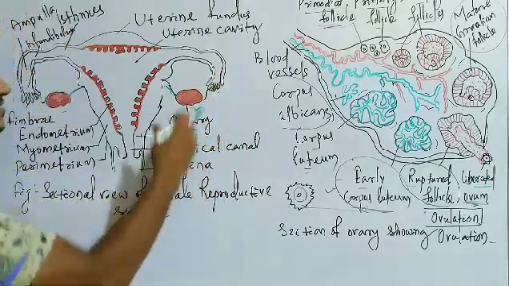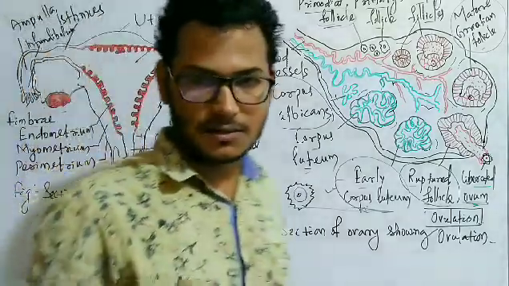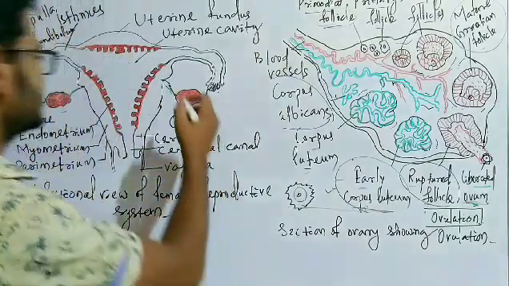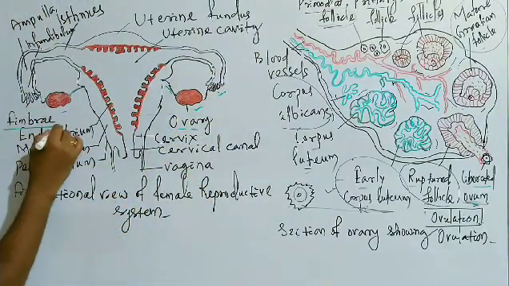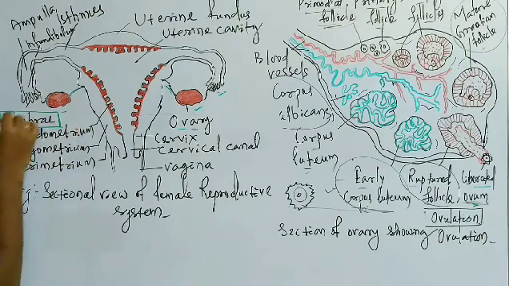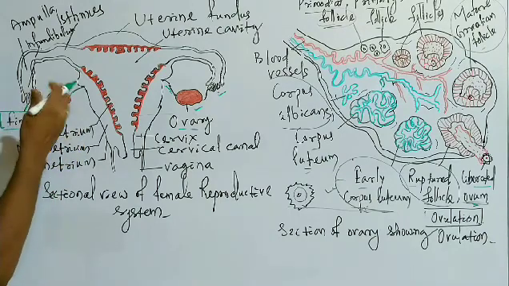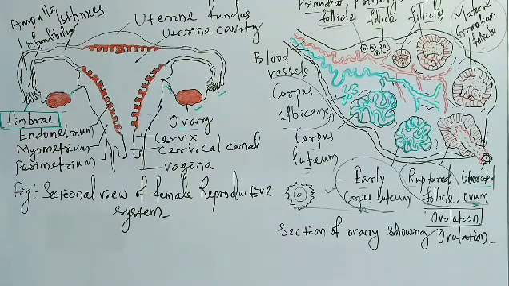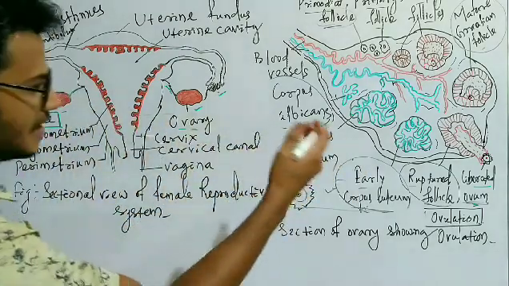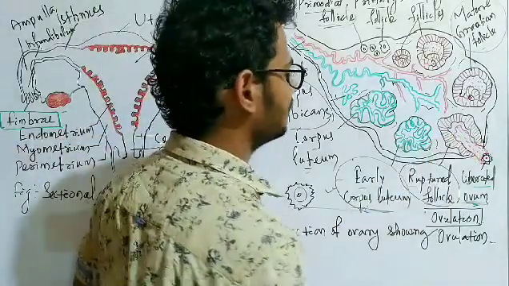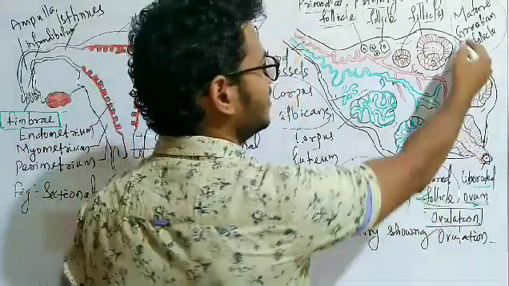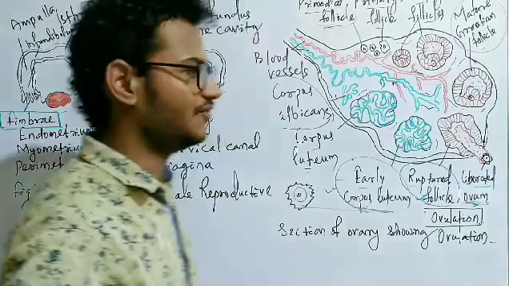These finger-like structures accept the mature ovum, and we call them the fimbriae. So these are the fimbriae which accept the ovum, which is liberated after maturation inside the ovary by rupture of the follicle. Which follicle? It is the mature Graafian follicle.